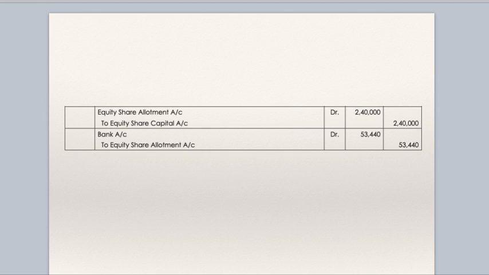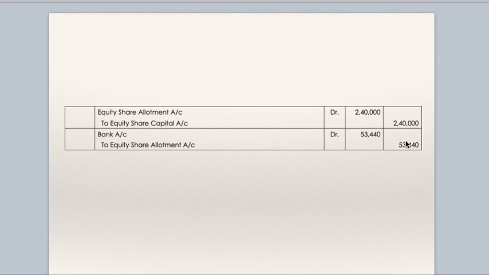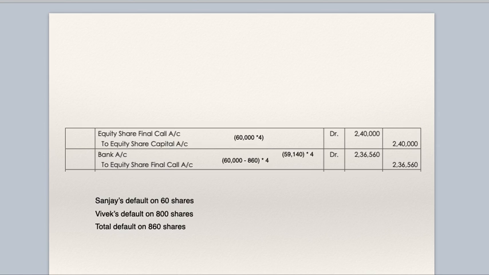Bank to equity share allotment. Out of 2,40,000, 1,86,500 is already received with application. 53,500 is due, but 60 is default. So net received is 53,440. So bank account debit to equity share allotment 53,440.